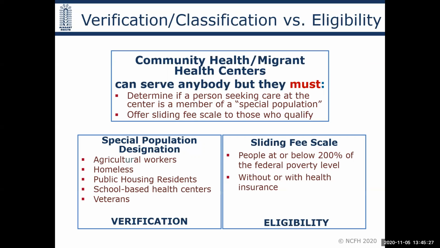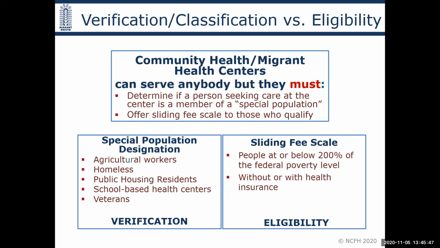So verification, classification versus eligibility. And this comes up a lot when people ask us questions. They'll say, is this person eligible for services in our health center? So I want to really stress that classification of a patient for UDS purposes does not impact their eligibility for services.